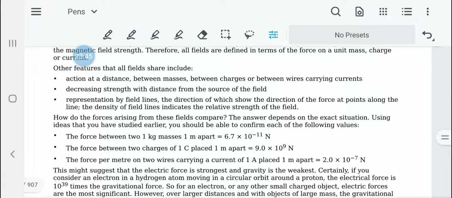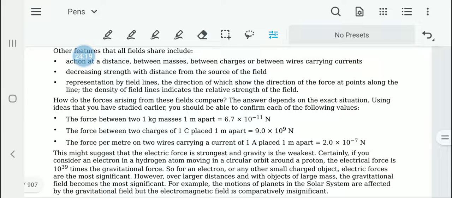There would be differences based on the distance between masses, between charges, or between wires carrying currents. If the distances are very high, the effects are going to be lesser. This is common for all three: decreasing strength with distance from the source of the field. So it decreases its strength with distance.